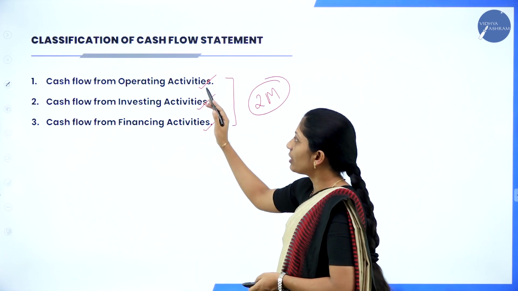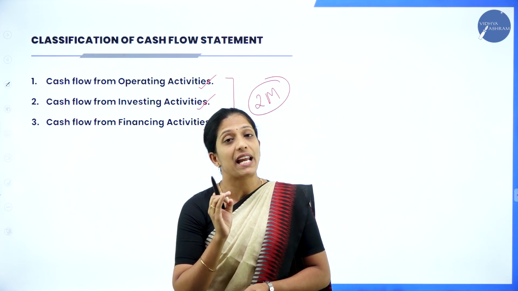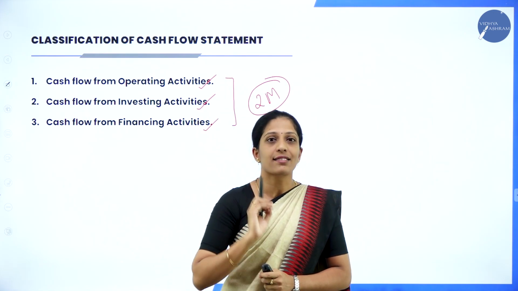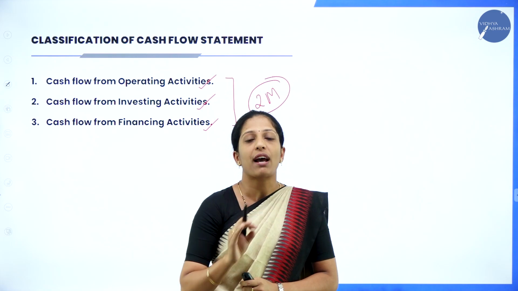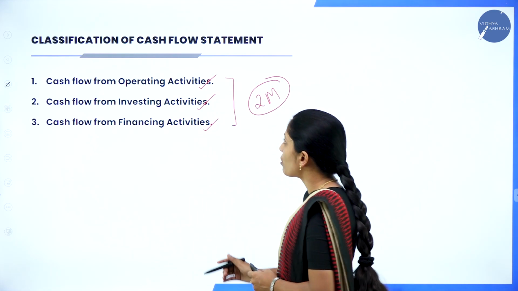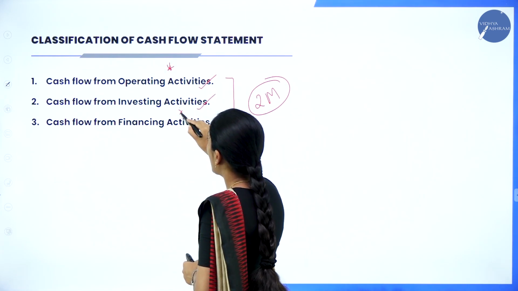Based on this itself, your last chapter weightage will be: you will have a 2 marks question, a 1 mark question and a 6 marks question. You don't have a 12 marks problem here. Most of the time, they have asked the 6 marks question from operating activities and financing activities.